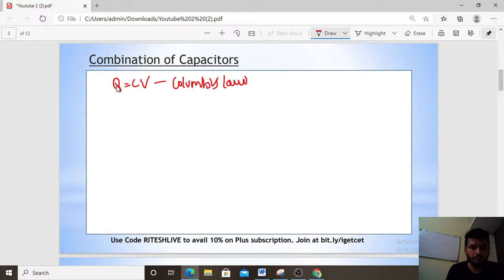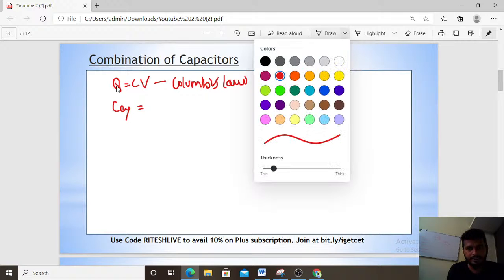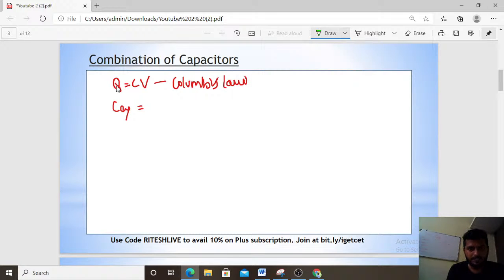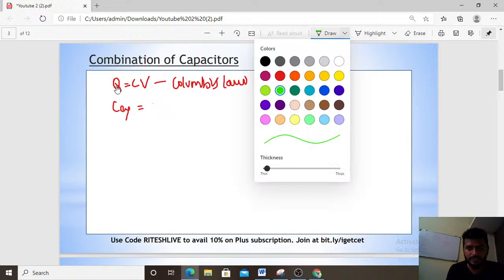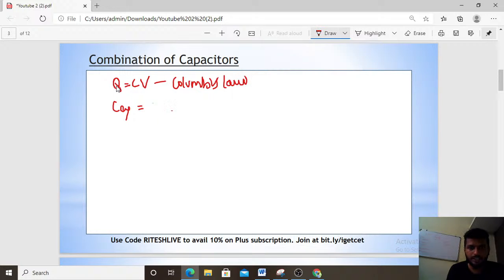So how do you get the C equivalent here? We have two conditions, one is parallel and the other one is series.